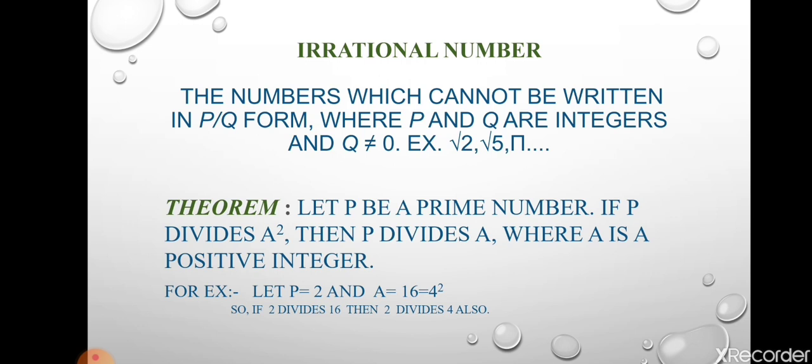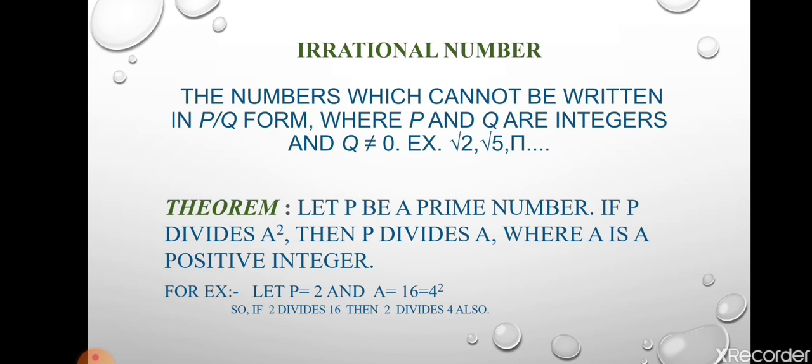But before proving this, let's try to understand the concept of this theorem. The statement is: let p be a prime number, and if p divides a square, then p divides a, where a is a positive integer.